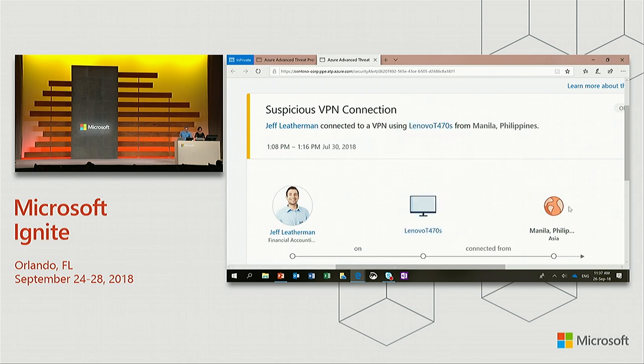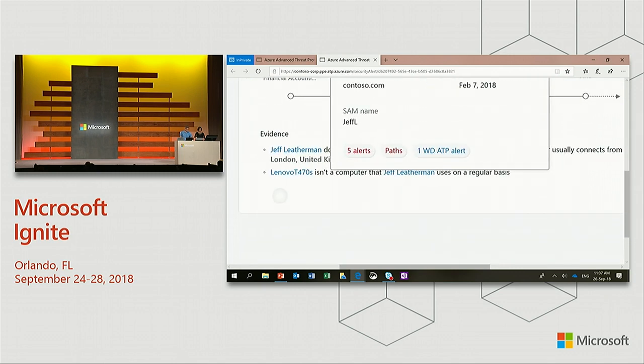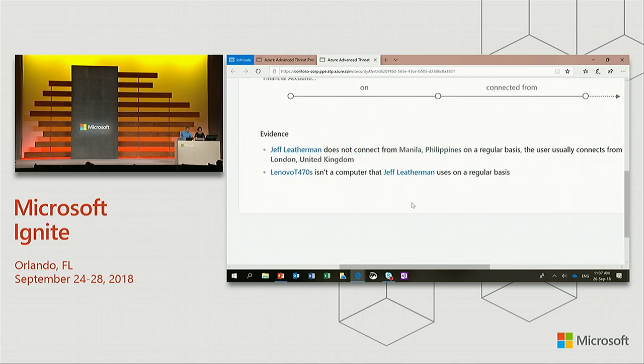So why have we raised this alert? And here you can see the evidence part. The evidence part is relatively new. Before the evidence, we see the attack name or the alert name, some description, and some involved entities. But a very important and relevant aspect below is the evidence.